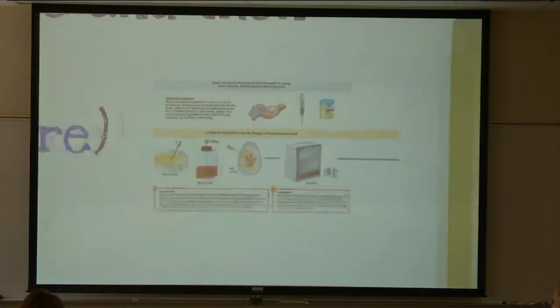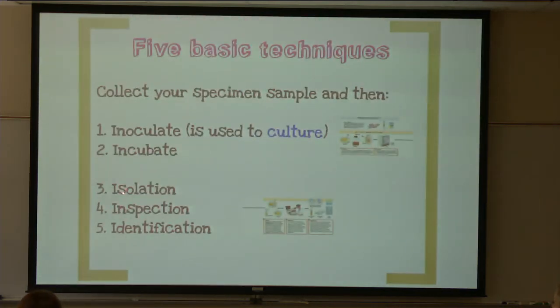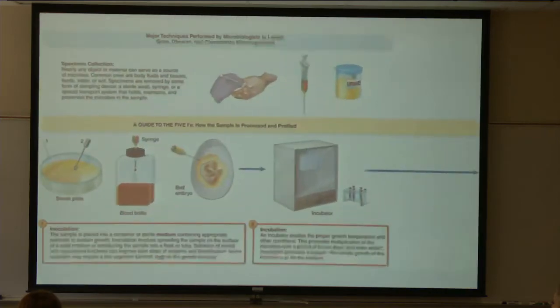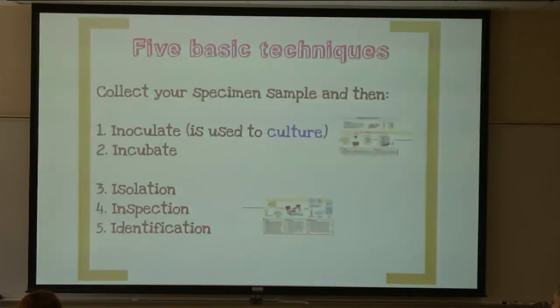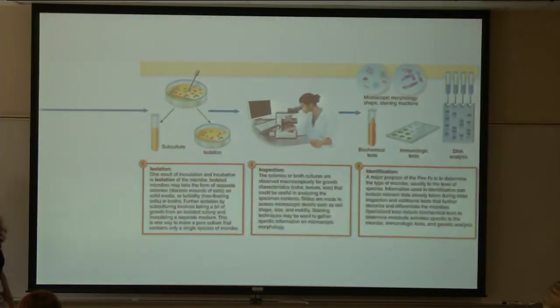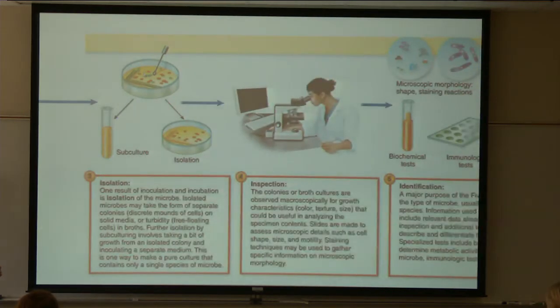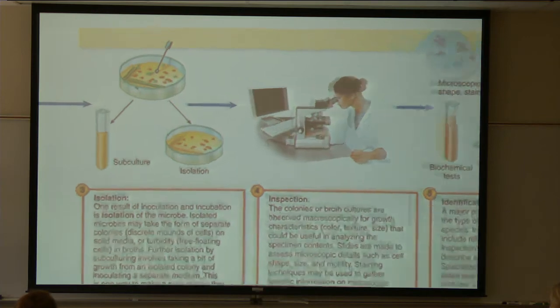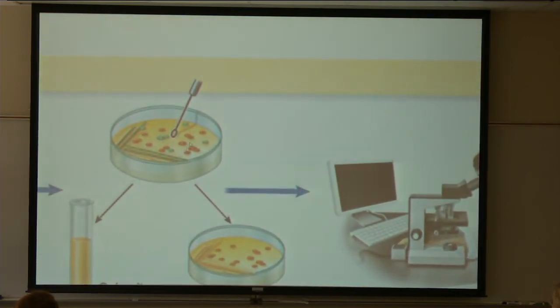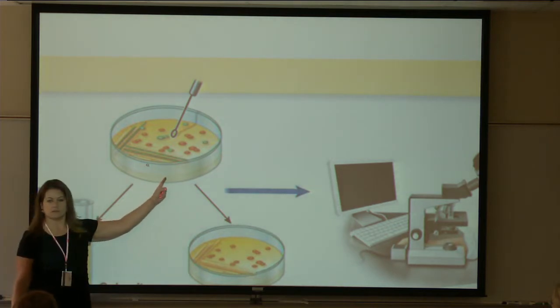Moving on to the other I's that we have: isolation, inspection, and identification. Okay, so isolation. Let's say you have this plate. If you look at this plate, how many different types of bacteria do you see on that plate? Yeah, maybe 3.